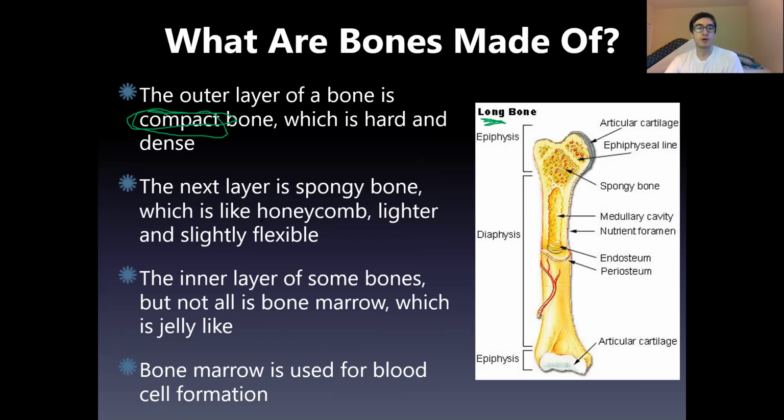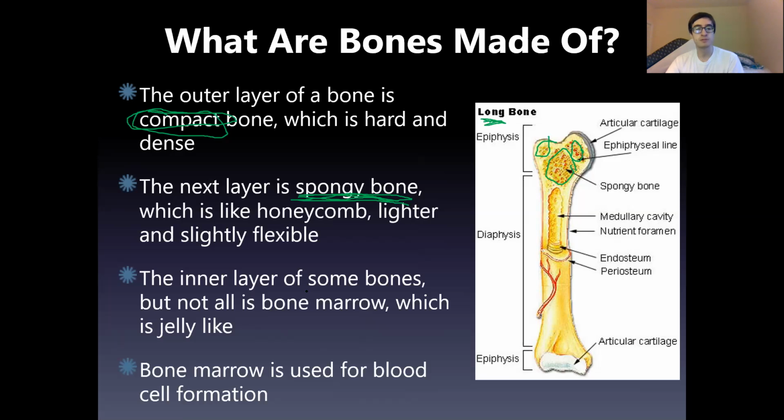The next, a little bit more inside part of the bone is called spongy bone, which is, like you can see, kind of right here and right here and right here. So this is sort of like honeycomb. It's lots of little pockets inside of these bones.